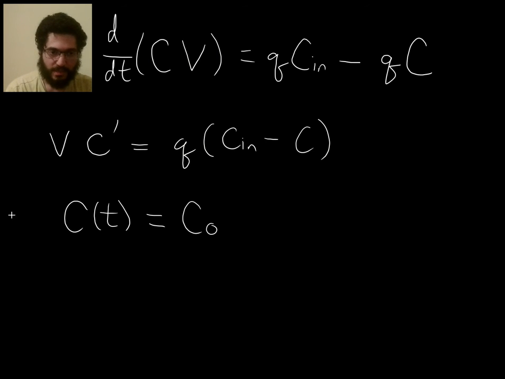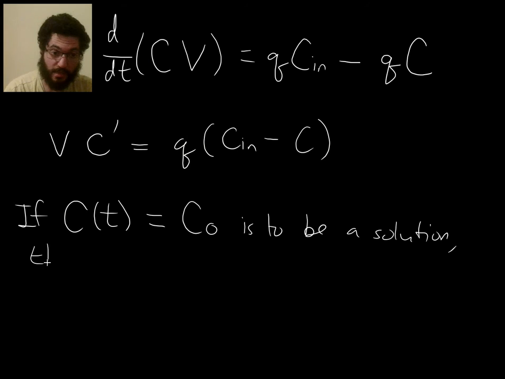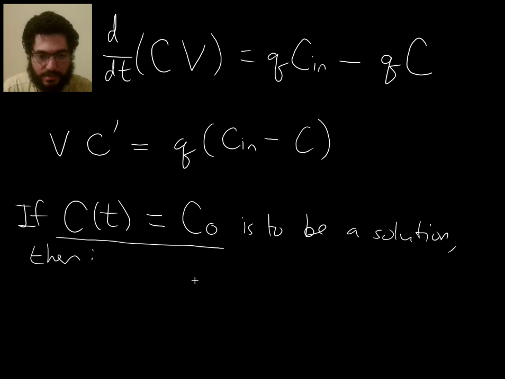Okay, so if this is to be a solution, then the differential equation holds when I substitute this in, right? So let's impose the differential equation. The left side would be V times C prime. What's the derivative of this? It's 0, because it's a constant.